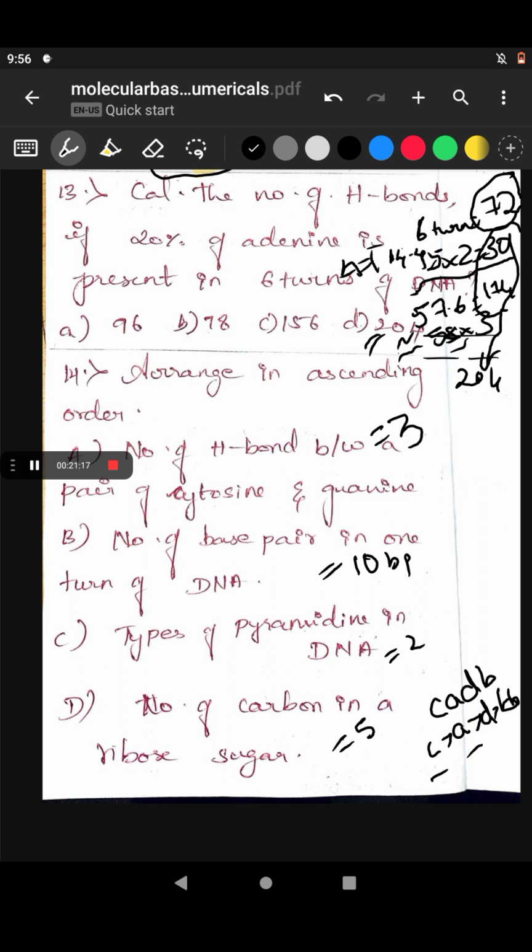So it would be CADB. This sort of problem can also be asked. Okay, with that we wind up these numerical problems.